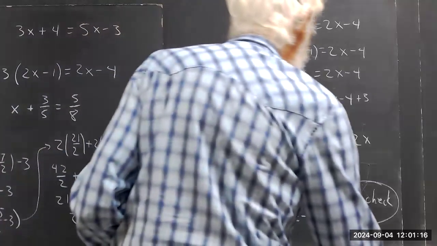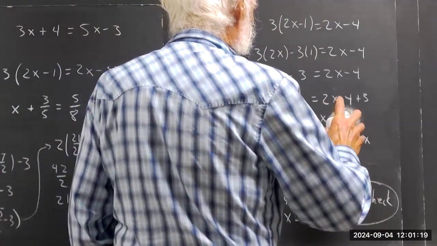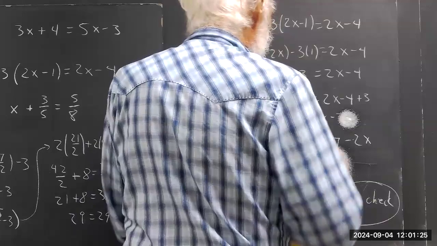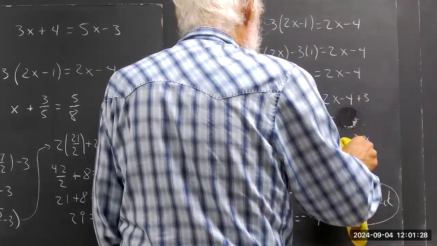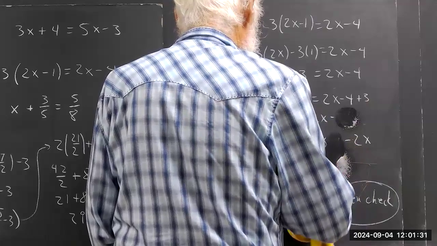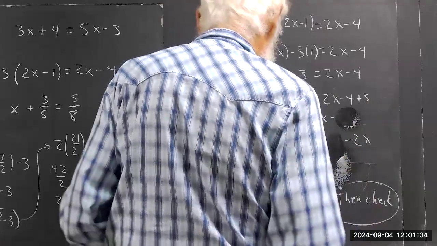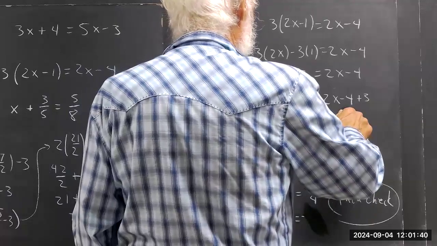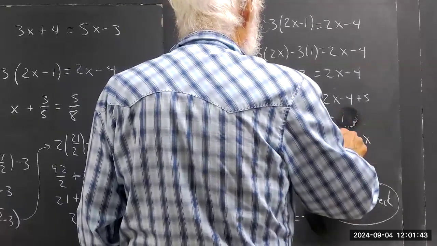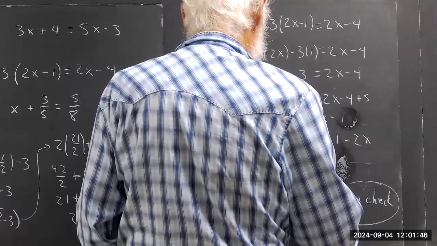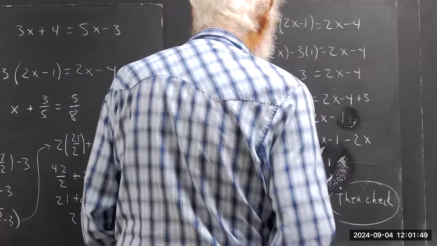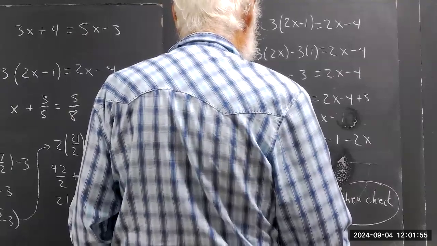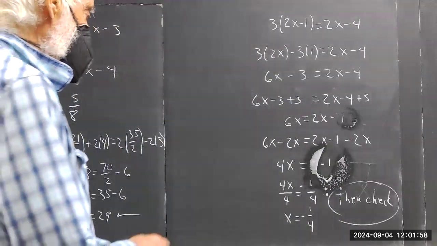Okay. So I'm going to change some of these sevens to ones. Now I have x equals -1/4.